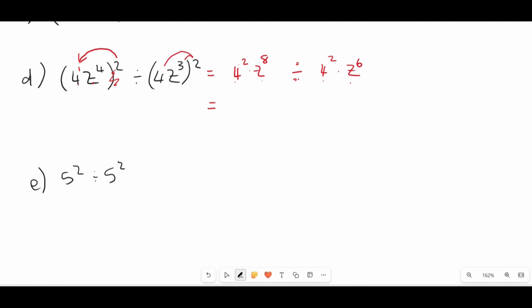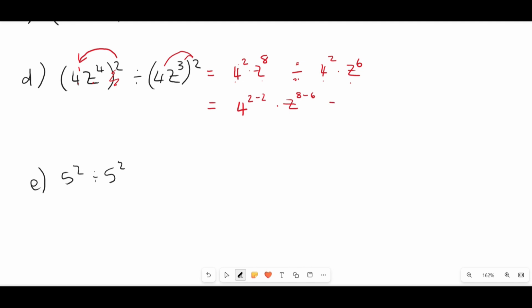That is, we need to subtract our exponents. So the 4 is going to become 4 to the power of 0, because it's going to become 4 to the power of 2 minus 2. Let me rather write it out for you. So it's going to become 4 to the power of 2 minus 2 times z to the power of 8 minus 6.